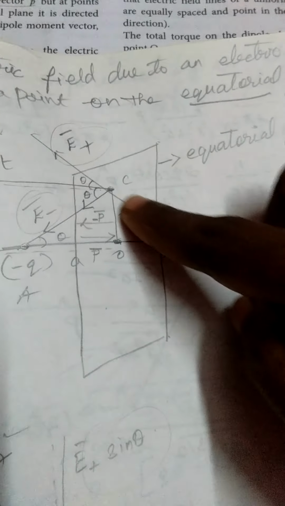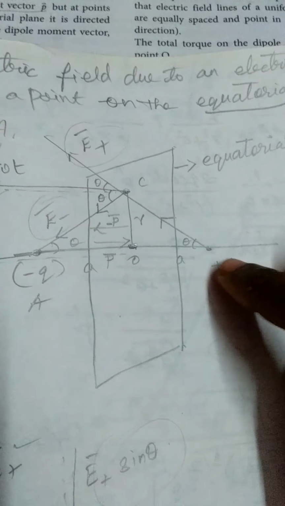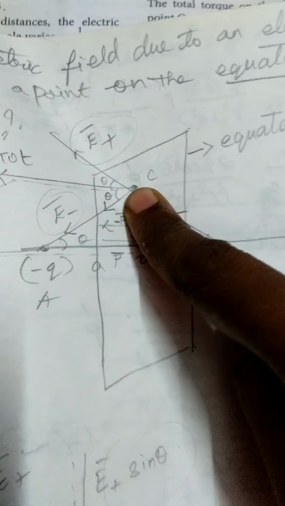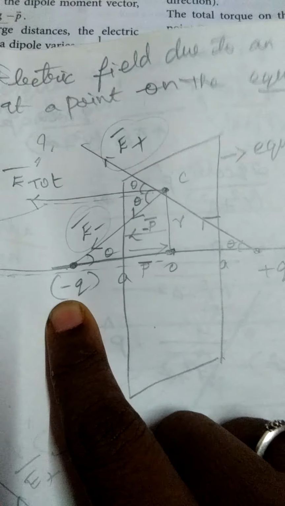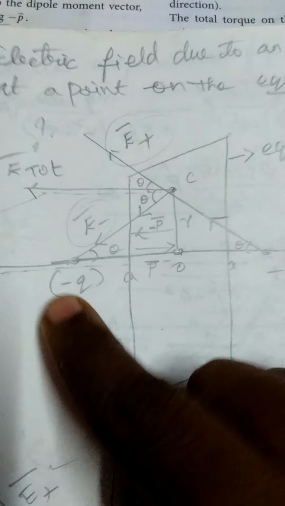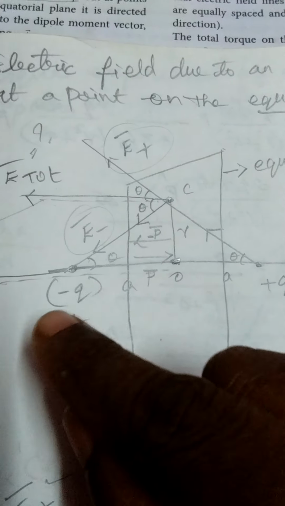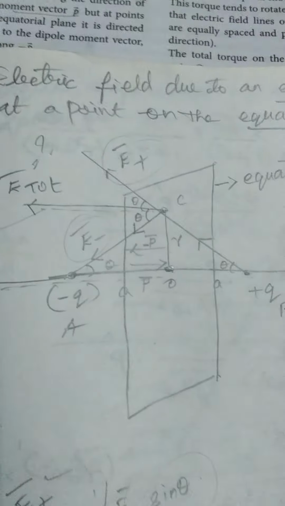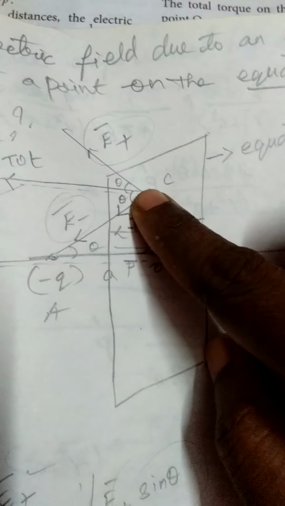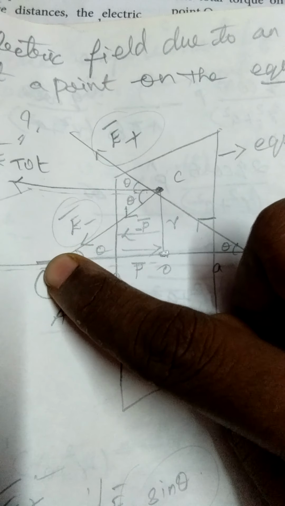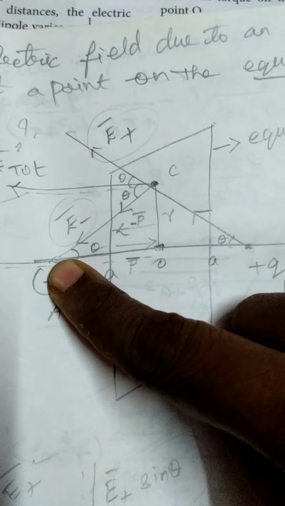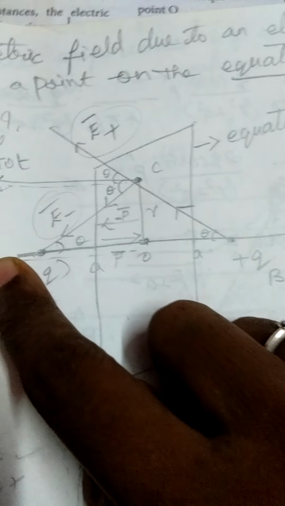Suppose we draw one line, this is the electric field. Next, for the negative charge at point C, the electric field is directed towards the charge. So we join point C to point B. Now you see one triangle is forming, correct?